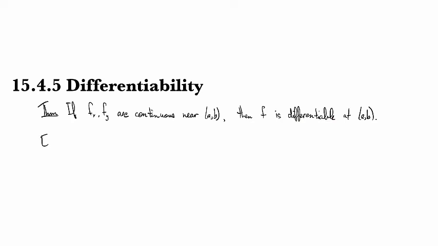So let's look at an example of this. We'll take the function x e to the xy, and I'm going to be tasked with doing a couple things. First, I'm going to show f is differentiable.